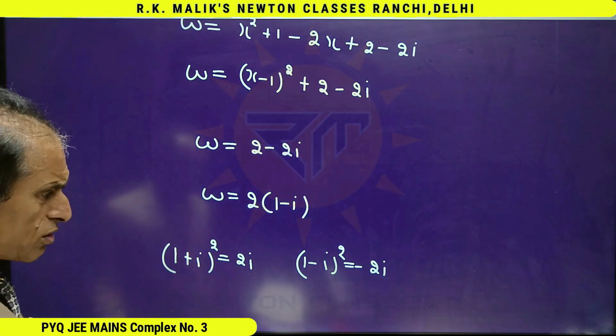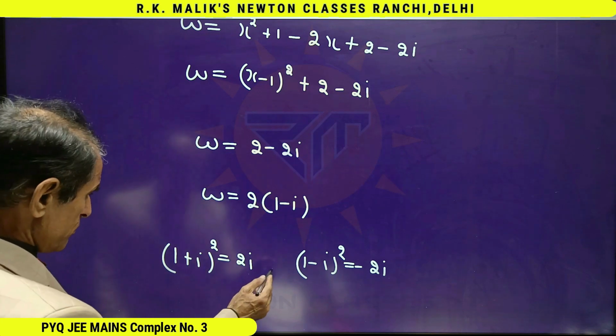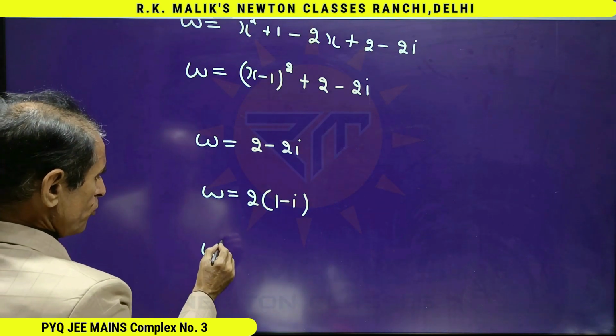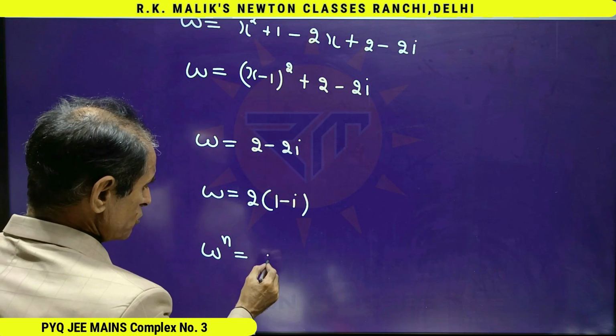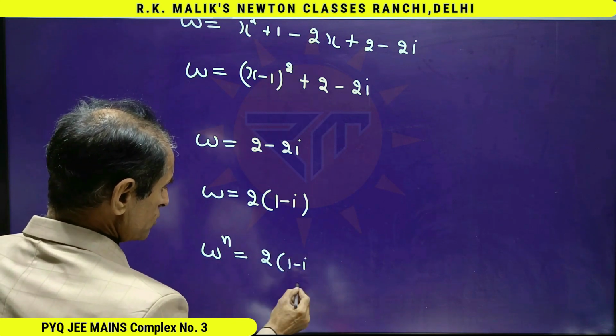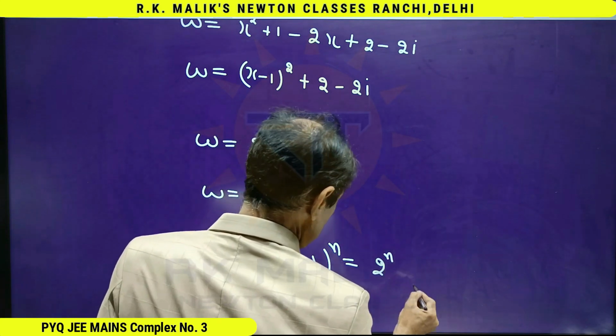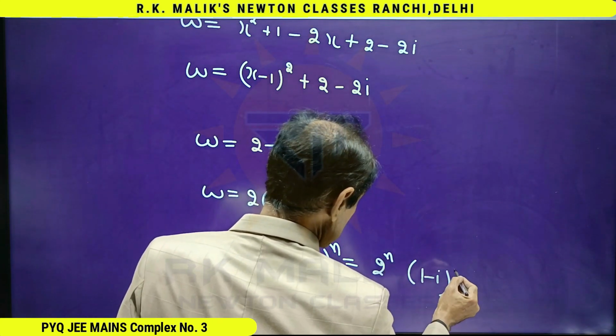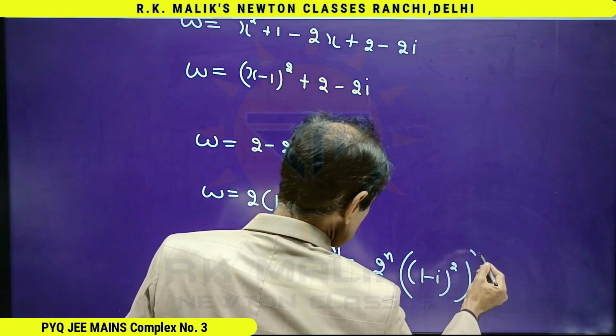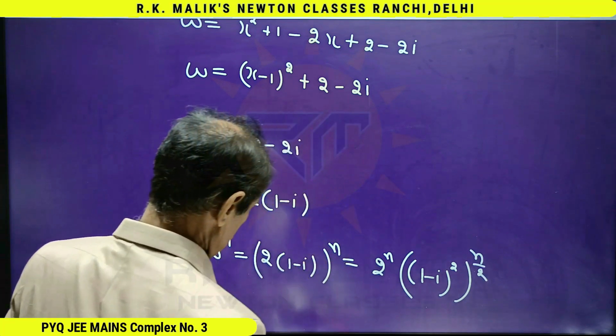This is a very useful concept to remember. Now w to the power n becomes 2 into (1 minus i), whole to the power n, which is 2 to the power n into ((1 minus i) to the power 2) whole to the power n by 2.